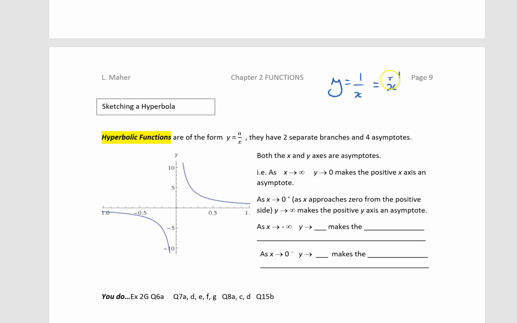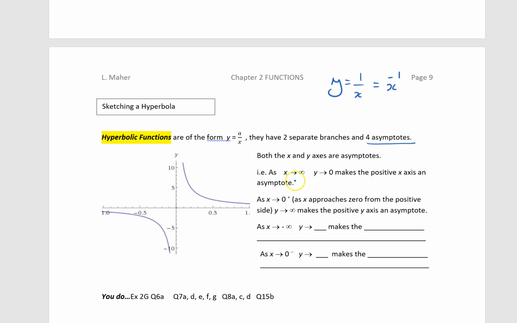So looking at a power of x as a negative number, in that case the graph will fall into the family called hyperbolas. We have asymptotes. Both the axes of symmetry are asymptotes. That means the graph gets closer and closer, but it doesn't actually ever cut it or meet it.